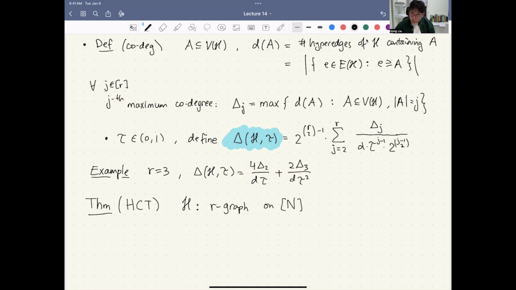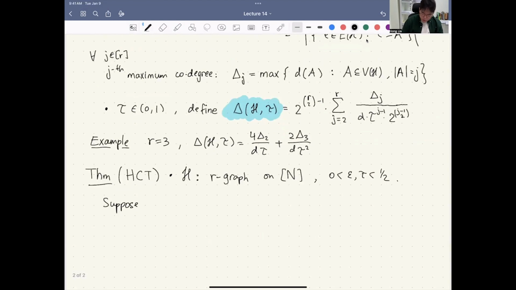And now we take constants. So here are the inputs. We have constants epsilon and tau between 0 and 1/2. Suppose we satisfy, first of all, tau is at most some constant depending on the uniformity r, in this case 1/(200 r · (r!)^2), just some constant depending on r.